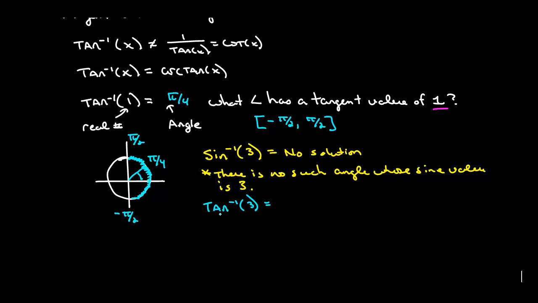This guy is not a problem because with the tangent values I can get as steep of a slope as I want here. Remember, there's a couple ways of thinking about tangent, but tangent could be the slope of this line coming out. And so I clearly can get any slope I want between negative infinity and positive infinity.